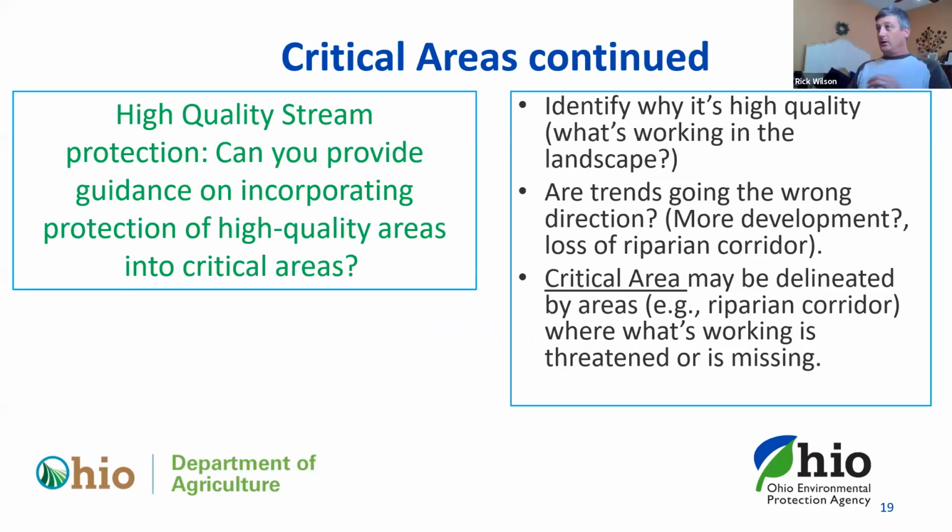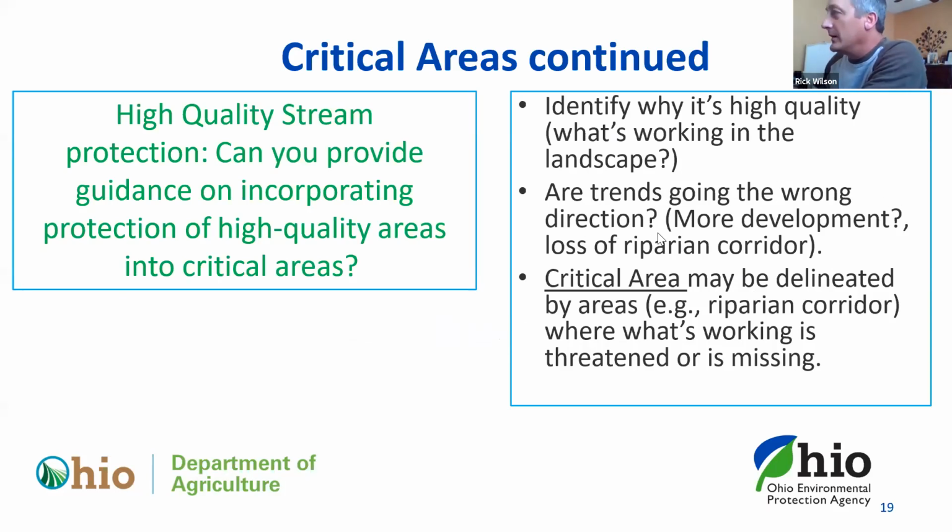Okay, high quality stream protection. Can you provide guidance on incorporating protection of high quality areas into critical areas? So you have a high quality stream and you're identifying why is it high quality? What is it about that area of high quality stream that's working in the landscape? Then describe what are the trends, what's going in the wrong direction?